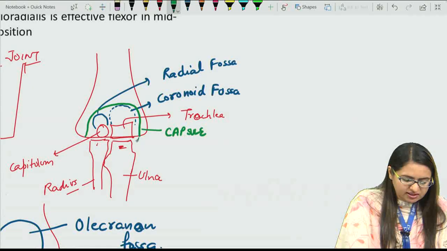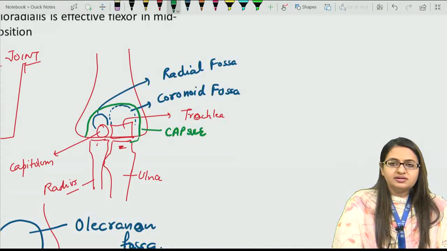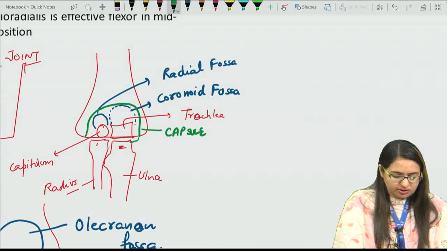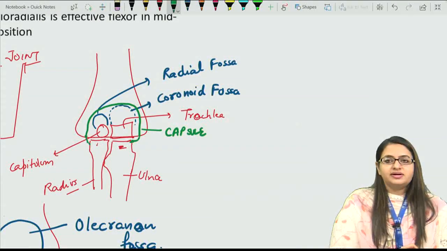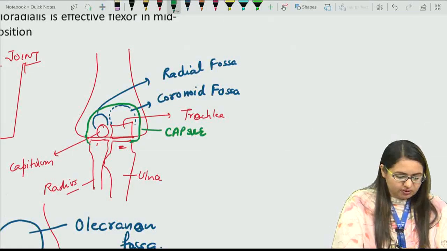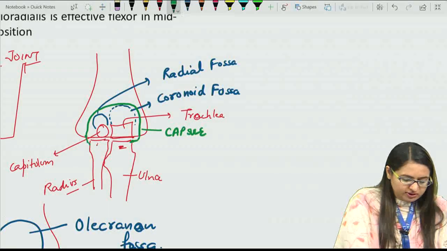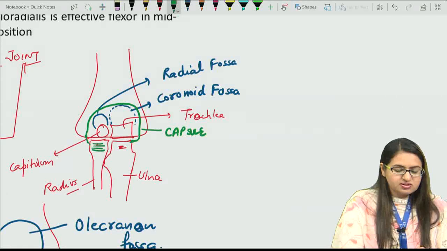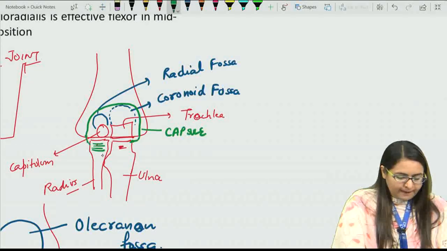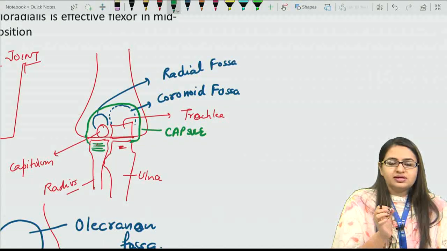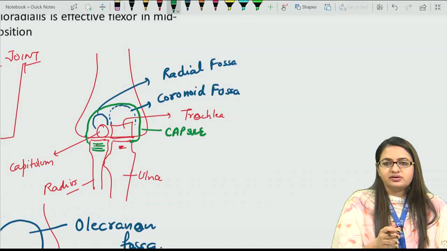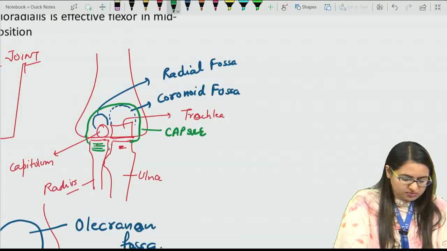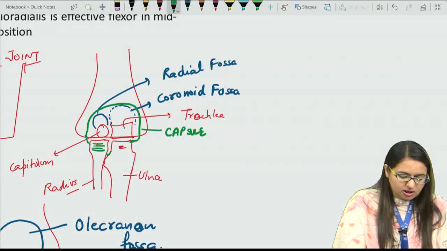Towards the lower side, in the ulna, it is attached to the margins of the trochlear notch, and as it goes towards the radius, it merges with the annular ligament, which is present around the head of the radius. So the synovial cavity of this elbow joint is continuous with the synovial cavity of the superior radioulnar joint. This is how the capsule is attached.